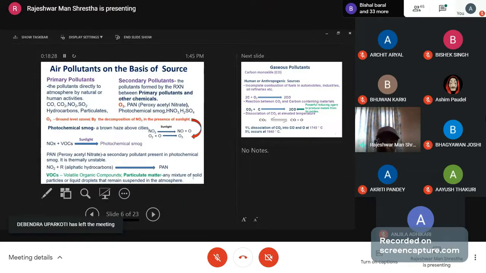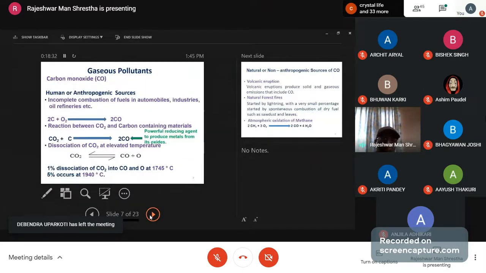Now, next is the gaseous pollutant. The example is carbon monoxide. In this case, I will discuss how carbon monoxide is released into the atmosphere and what its harmful effects are. First, carbon monoxide is released into the atmosphere in two ways: human activities and natural activities. Now, first, human activity.